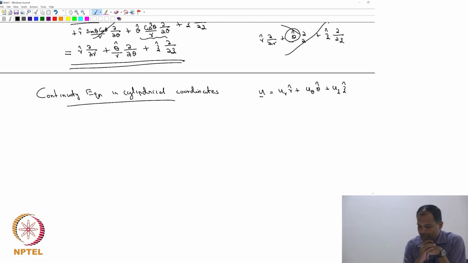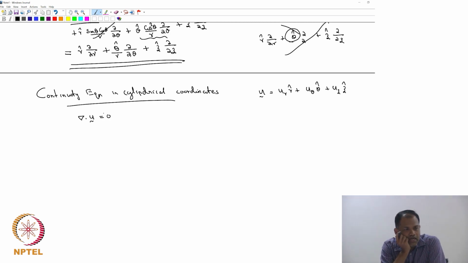Okay. So, now we can easily do continuity equation if you start by the general form, which is divergence of u is equal to 0, right. That is the continuity equation, and when it is written in this form, this does not care about what coordinate system you have used, because there is no information about the coordinate system when you write it.